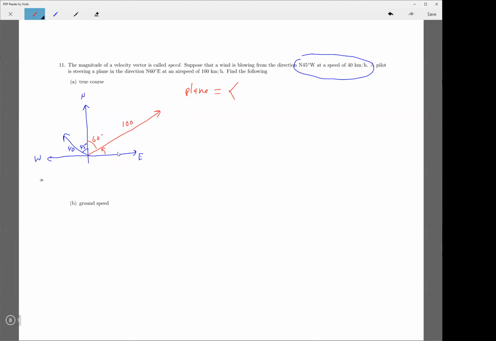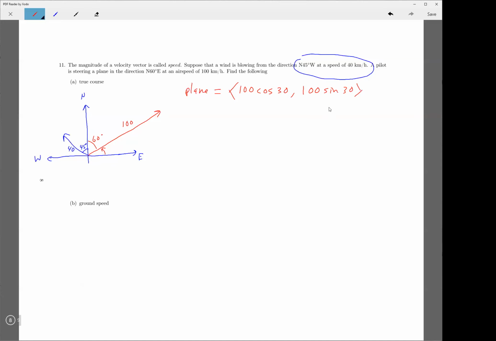Let's do it relative to the positive x-axis, the east axis. So the x component is 100 cosine 30, and the y component would be 100 sine 30.